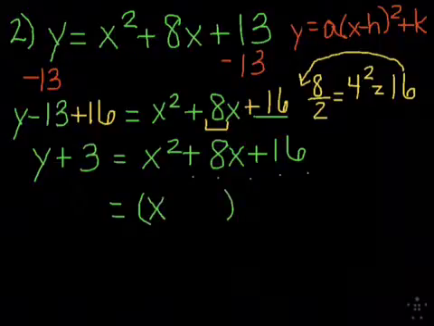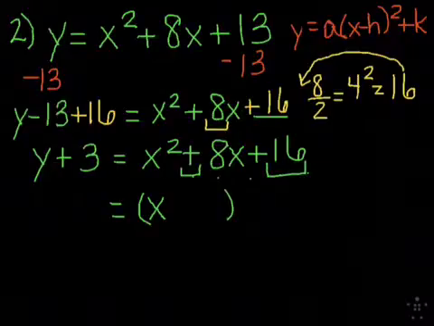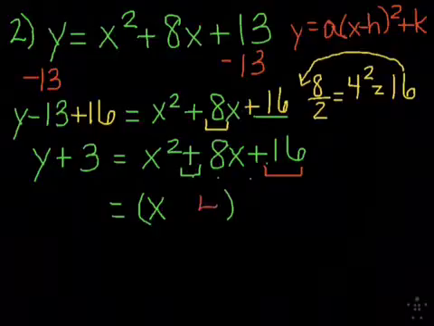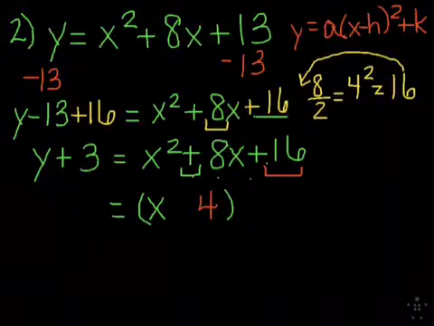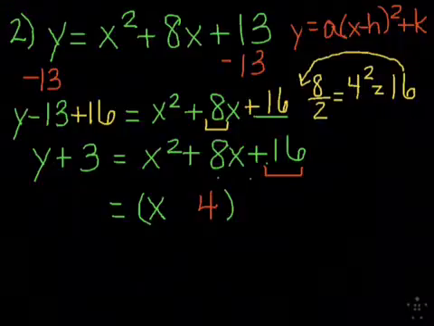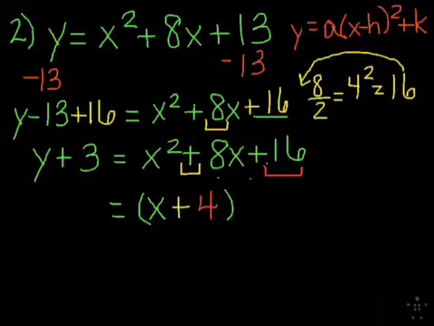And this 8 is positive. And we say, okay, well, what number squared is 16? The number that's squared to give us 16 is going to be 4. The 8 was positive, so I'm going to have a positive 4, and it's squared. So I have y plus 3.